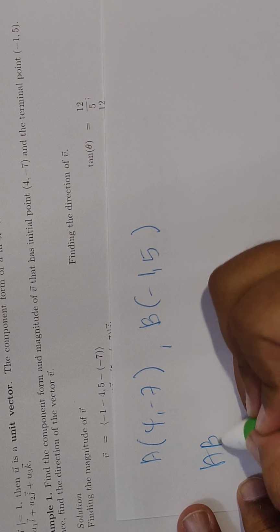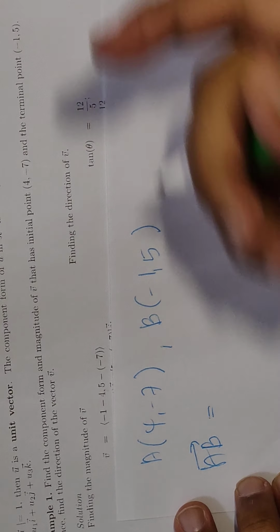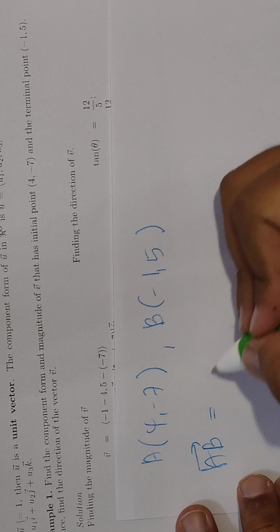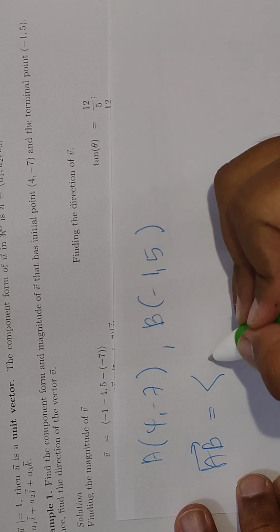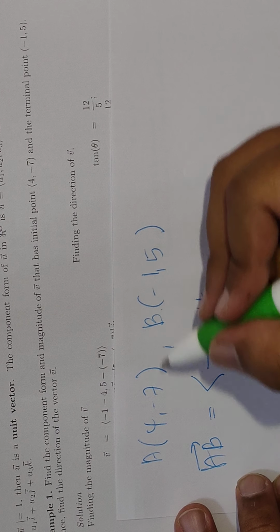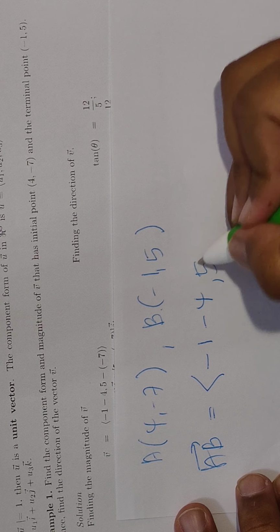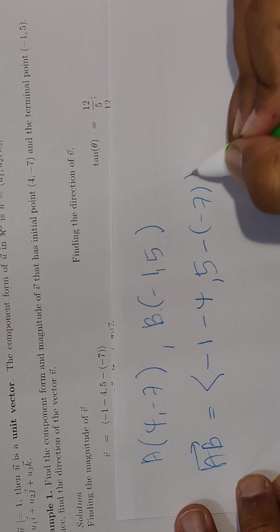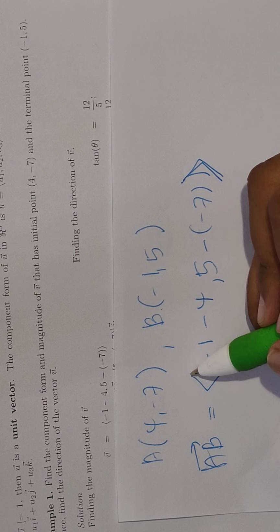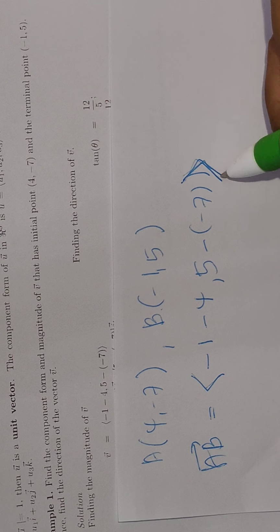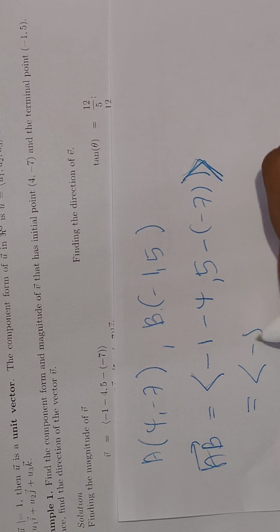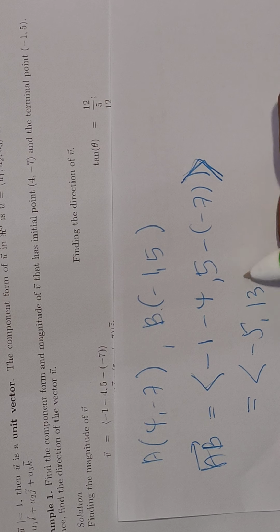Okay, the vector from A to B, the vector that describe the journey from A to B is -1 - 4. The second point minus to the first point, 5 minus -7. Okay, for the vector, we write inside the sharp bracket, and here we have -5 and 13.